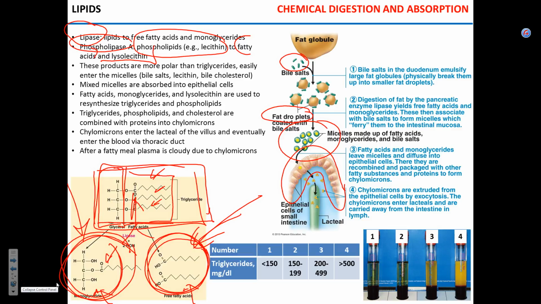In fact, one of the great effects of bile salts you can see here in this picture is that bile salts break big globules of fat into smaller globules of fat. You can observe it at home. If you have a skillet with oil in it, if you pour water on top of the oil, it's going to be in big droplets, big bunches.